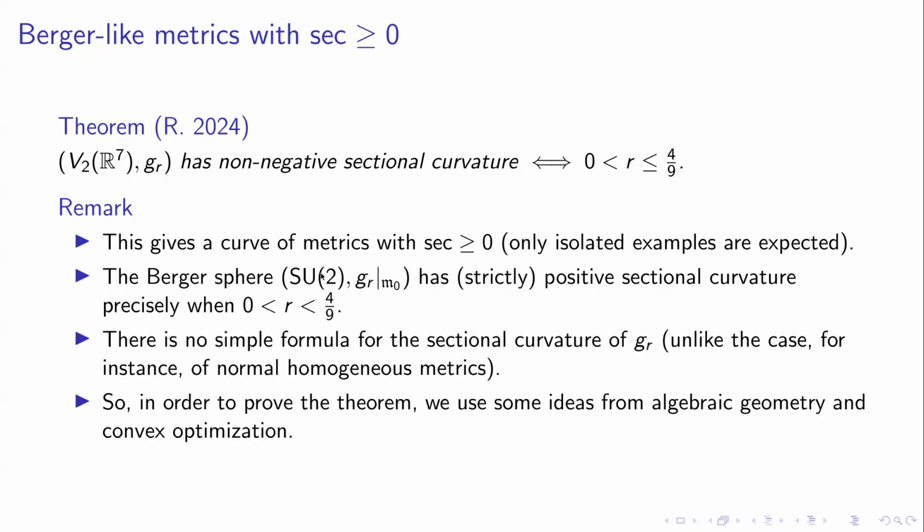So, about the proof, we don't have a simple formula for the sectional curvature, like you have, for instance, for the normal homogeneous metric, or when you work with, for example, naturally reductive spaces. The formula for the sectional curvature is horrible, but we can use another technique.